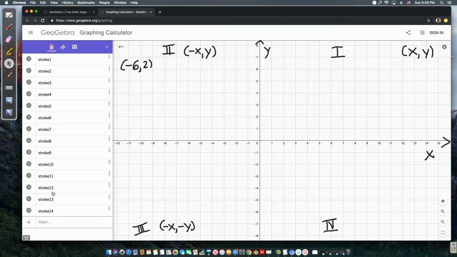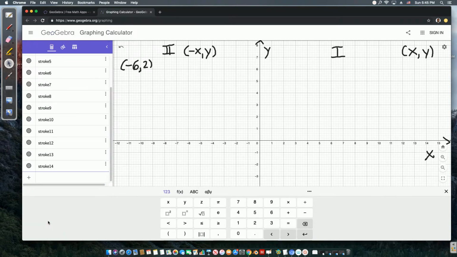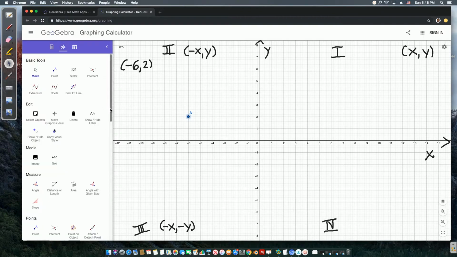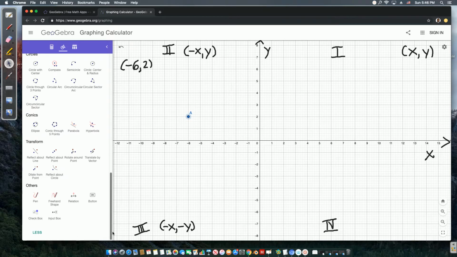Let's say we have A equals -6 and 2, not 20 but 2. All right, so we have our A. So what we're saying is this point in the grid here is indeed a point represented using the coordinates -6 and 2. So we're going to actually show why.